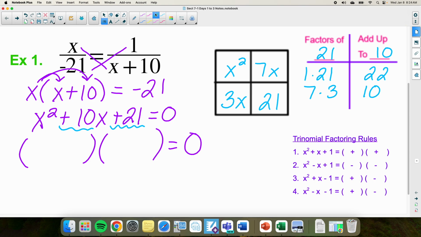And in our cases in this class, it's always gonna be X times X gives you X squared, okay? That's always gonna be the case. And then we're gonna look at what times X would give us 7X. That's just 7, okay? Then you're looking at X times what gives you 3X. That is 3.